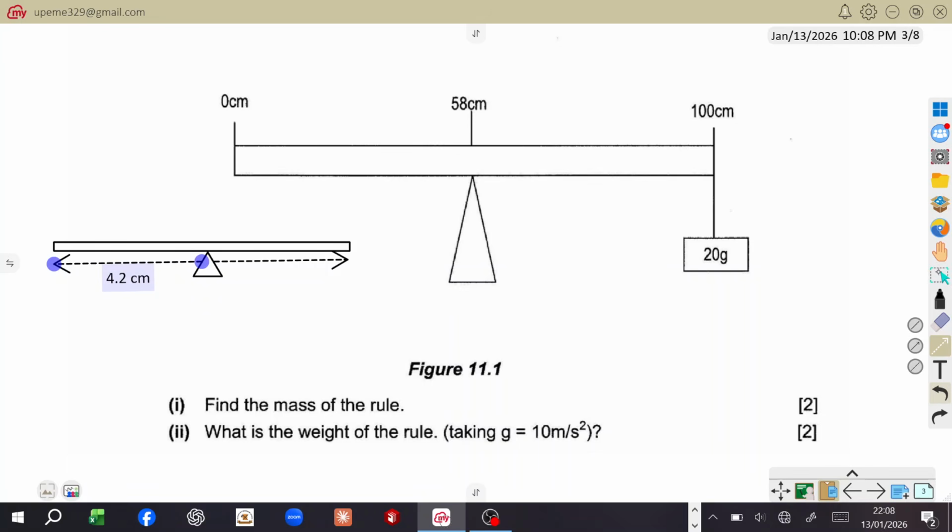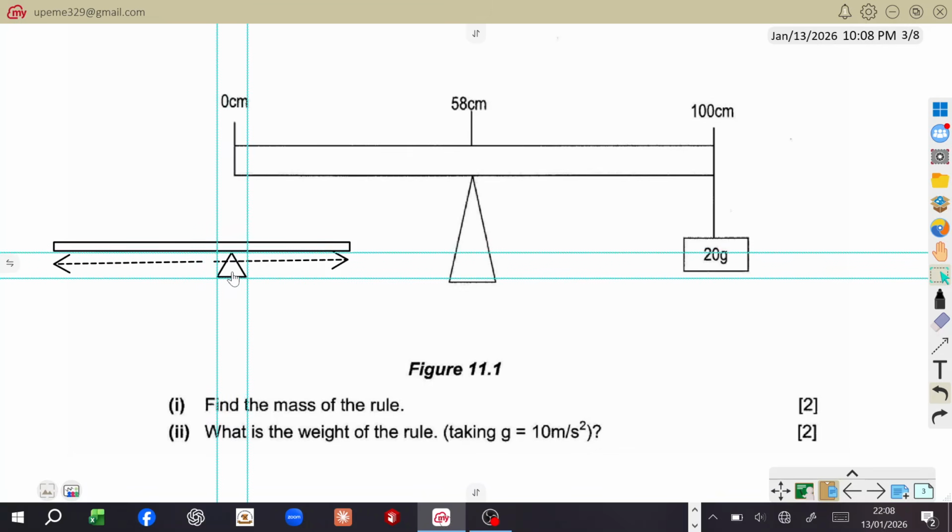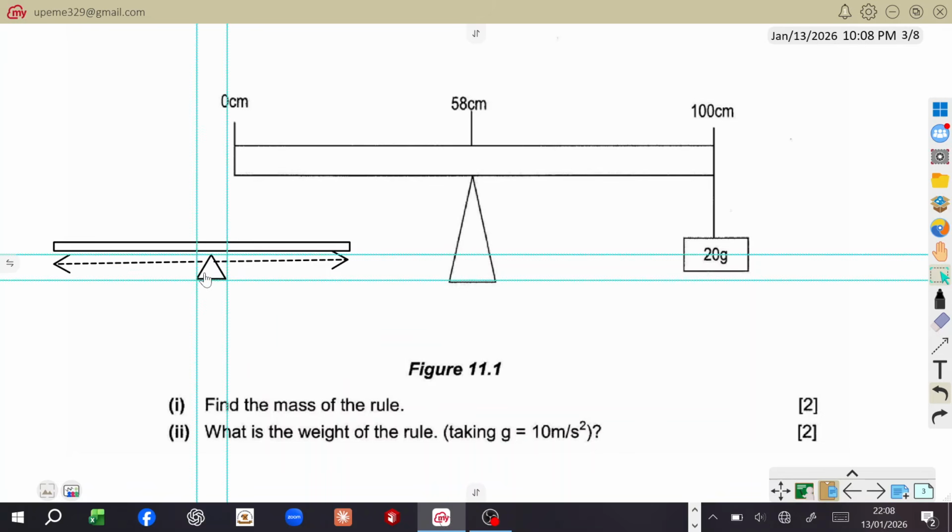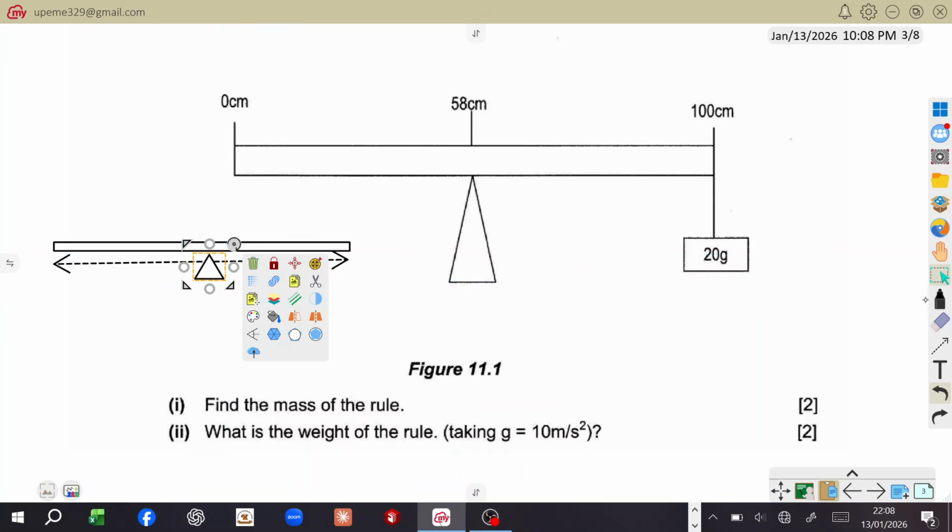But now what they have told us is that no, they pushed it this way. If it is here at the center, then on top here we should say 50 centimeters, exactly at the center.